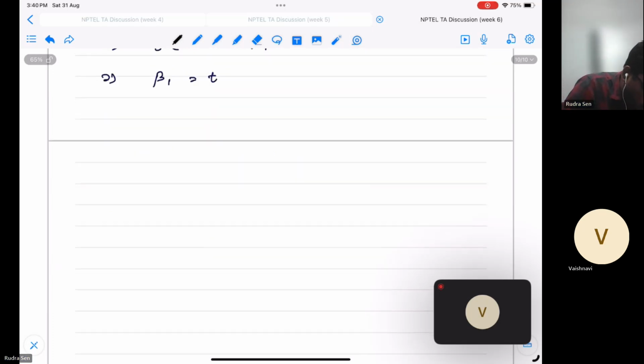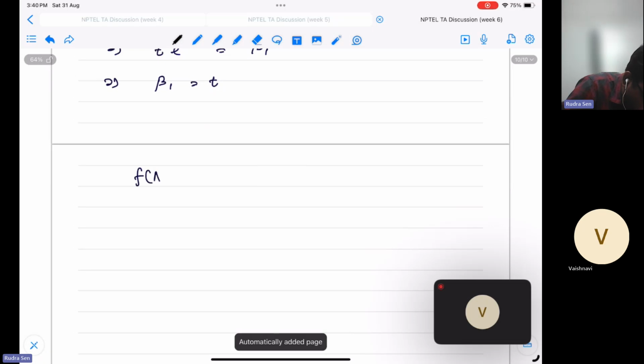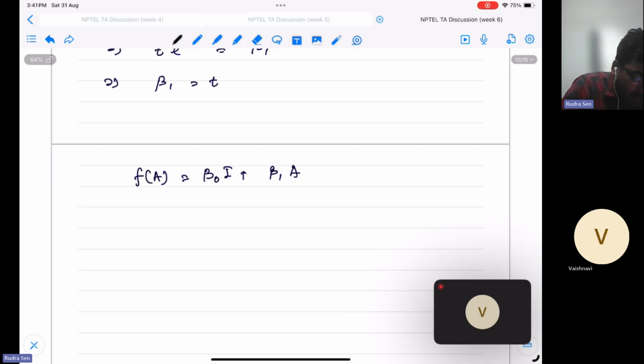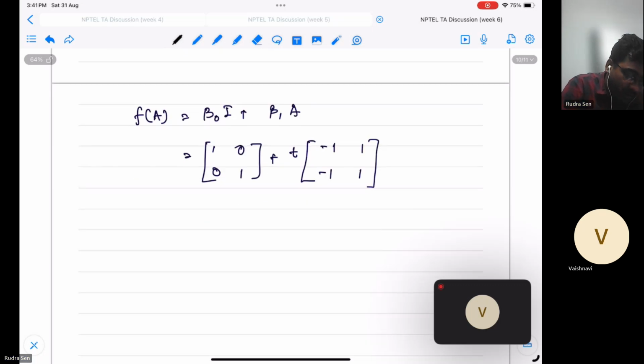So we know that f of a equals beta naught I plus beta 1 into a, right? Beta naught is 1, I is [1 0; 0 1], plus t into [minus 1, 1; minus 1, 1]. So what is the state transition matrix?